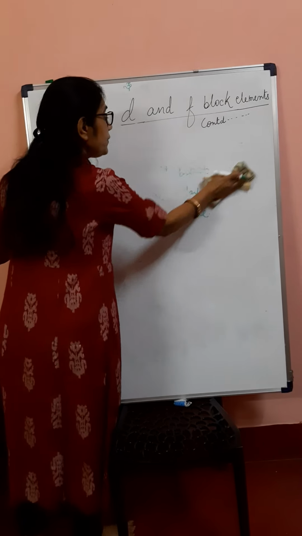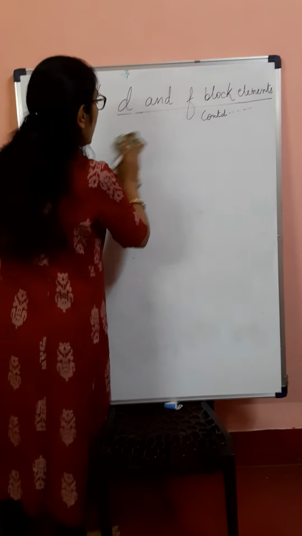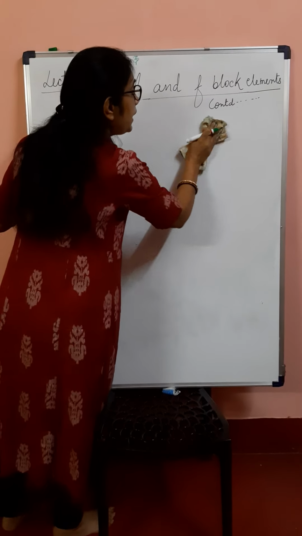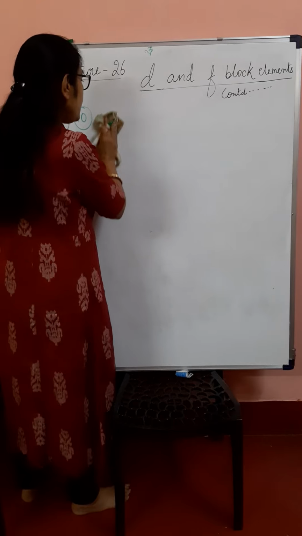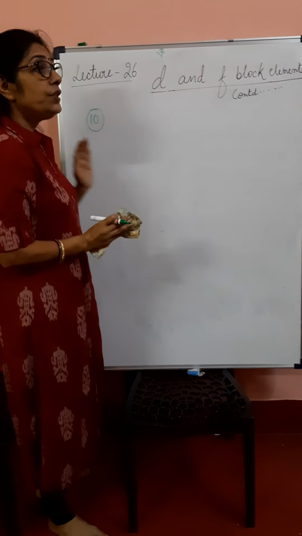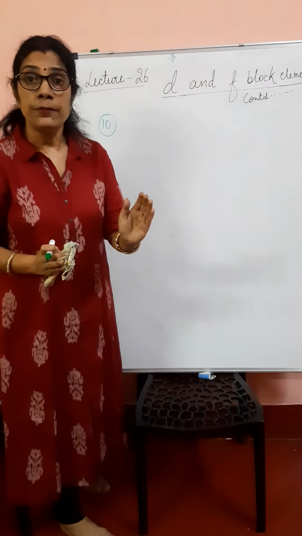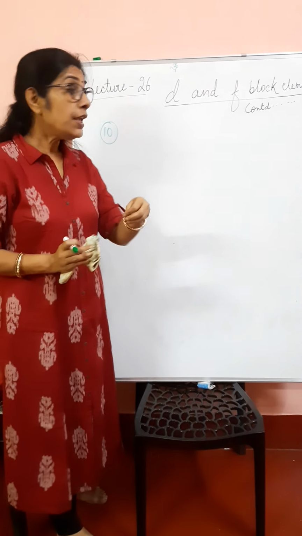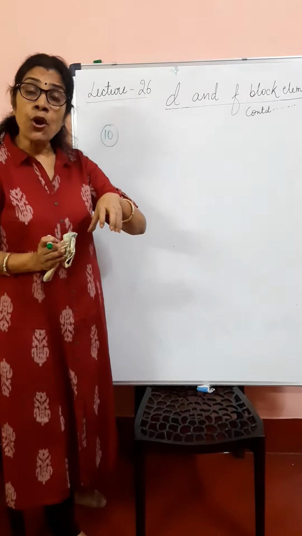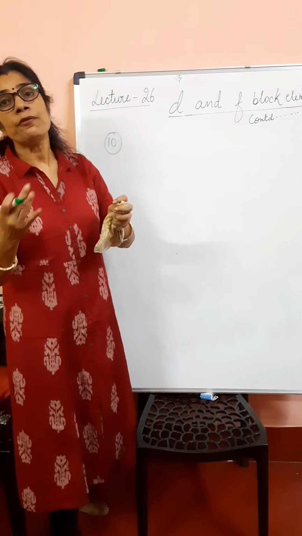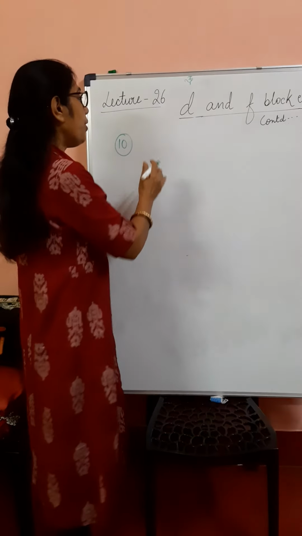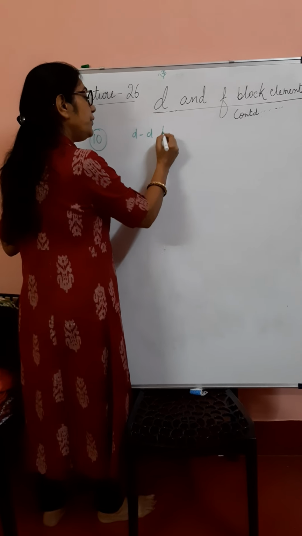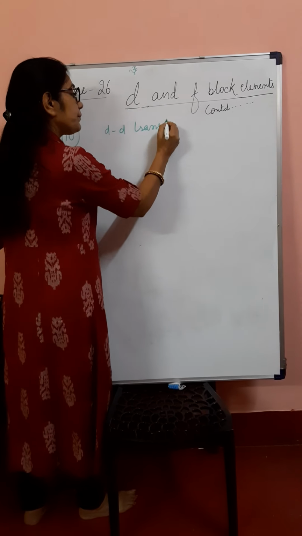So what happens with these unpaired electrons? What actually do they do? These unpaired electrons absorb color from the visible region, and the complementary color of what they absorb appears, and this phenomenon is known as d-d transition.